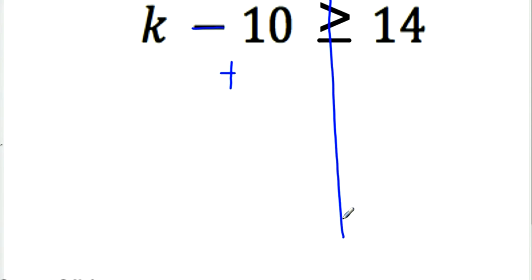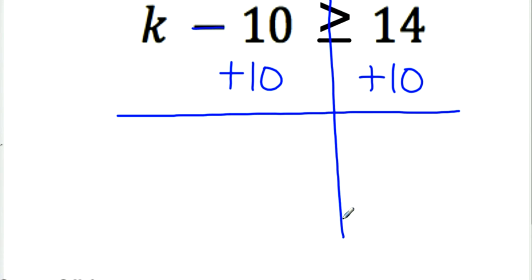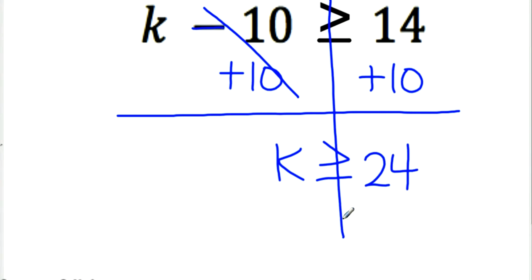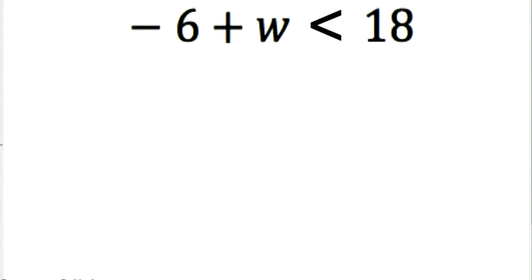Negative 10, the opposite of negative is positive, or the opposite of subtraction is addition. So my negative 10 and my positive 10 cancel out. I'm bringing down my K and my greater than or equal to inequality symbol, adding 14 plus 10 to give me 24. So K is greater than or equal to 24.